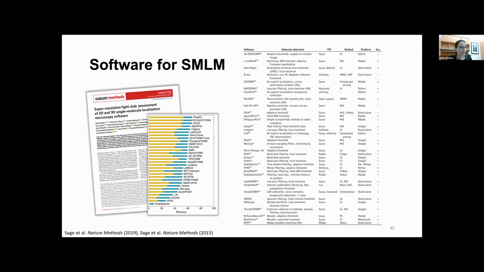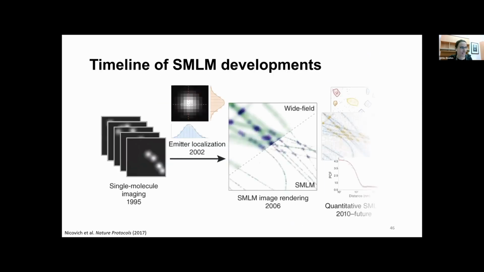If you want, you can read these papers in more detail and look for your algorithm of choice. But let's briefly talk about the timeline of single molecule localization microscopy in order to get a better understanding of why we still have to do quite a lot in the quantification of single molecule localization microscopy data. So first of all, the first single molecule images were taken in 1995.